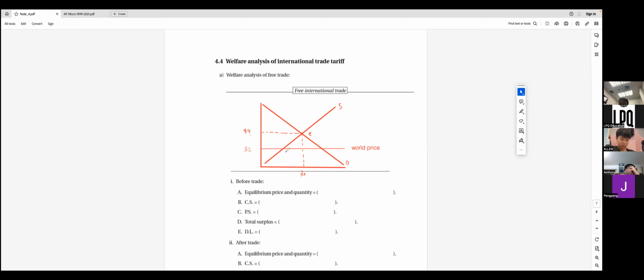Okay, so my next question is, if Canadians can do free international trade with Chinese, will Canada become the importing country or exporting country? You can input your answer into the chat box.